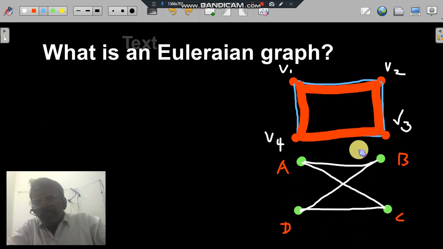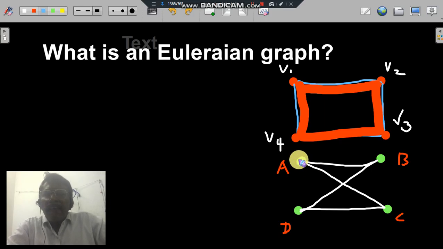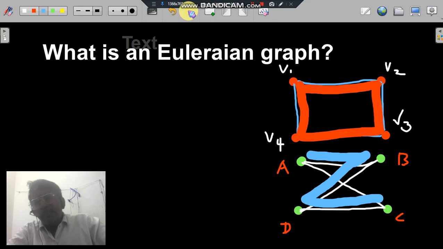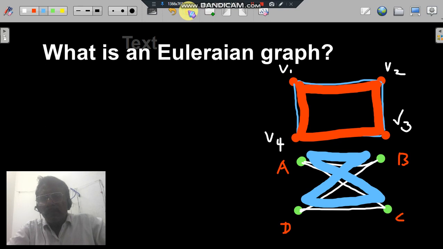Again I am going to make a cycle starting from A and ending at A. From A to B, then B to D, then D to C, and lastly from C to A. What do you see again?